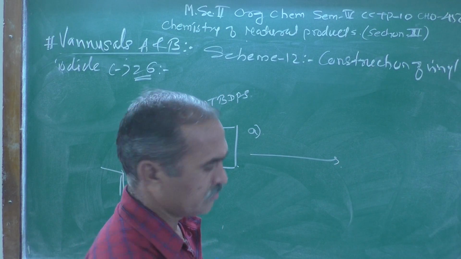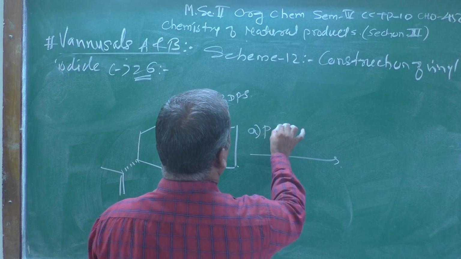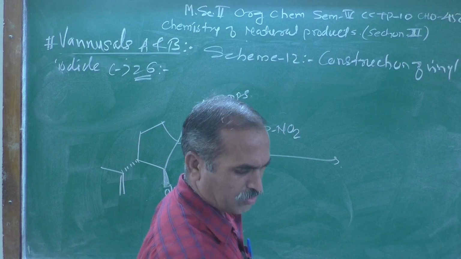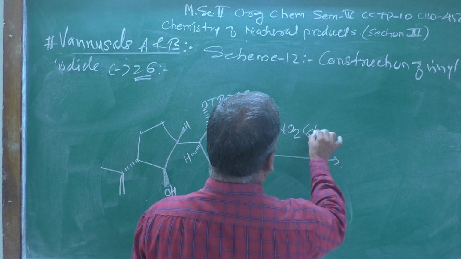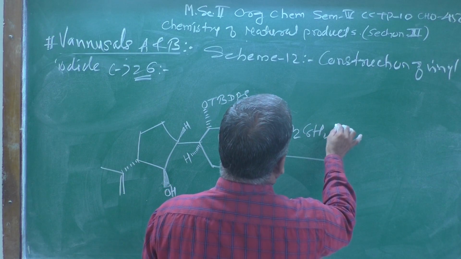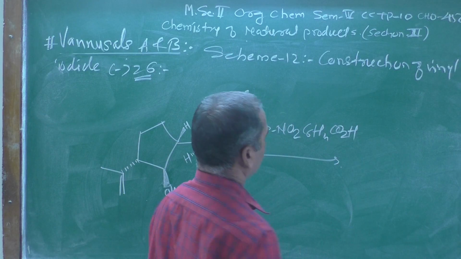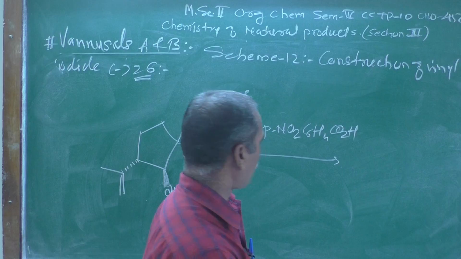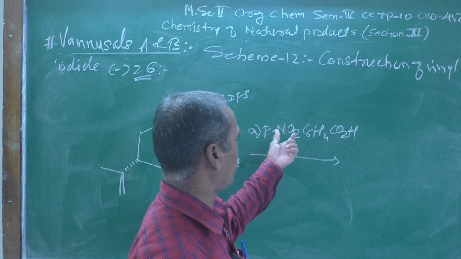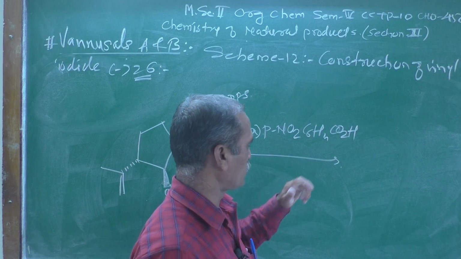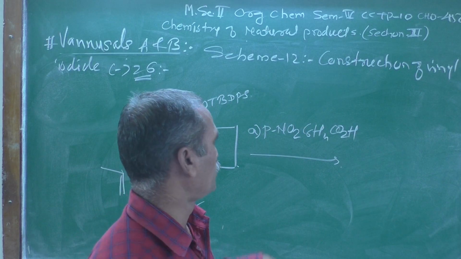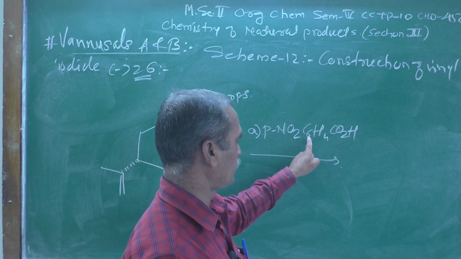We are adding para nitrobenzoic acid, C6H4CO2H. This is the formula for para nitrobenzoic acid, clearly the nitro group and the carboxylic group are present opposite to each other at the para position.